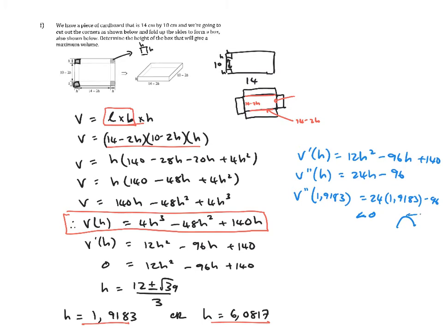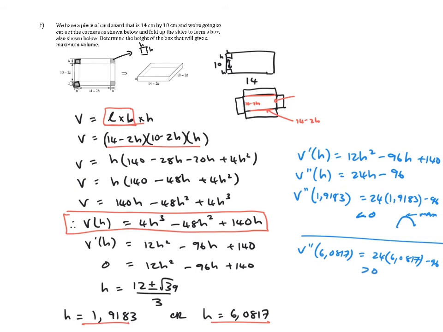So in other words, you're going to find a maximum turning point. And in the same sense, if you substitute 6.8017 into the second derivative, it was 24 times 6.0817 minus 96. 24 times 6, so for example, if you just take 6, is equal to about 144, minus 96, there you're going to get an answer that's definitely positive.